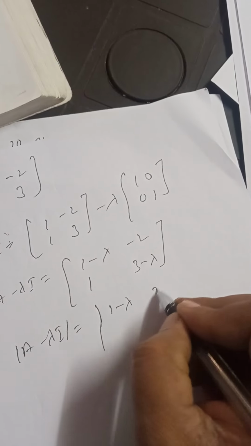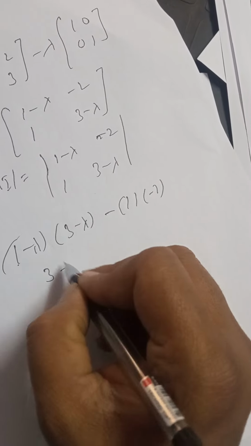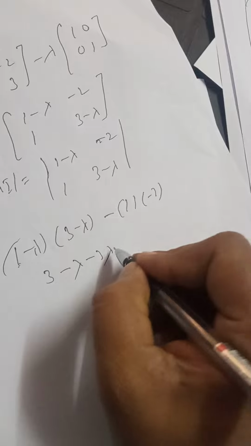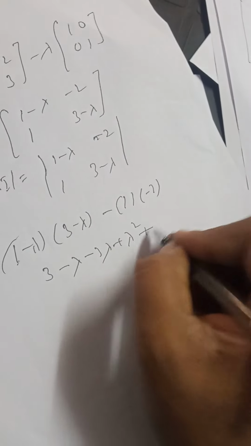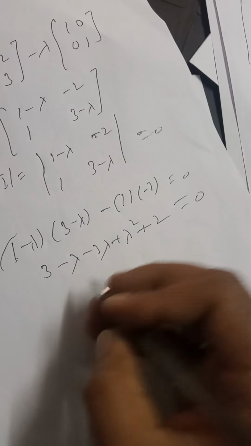Determinant of A minus lambda I. Now find the determinant. 1 minus lambda into 3 minus lambda, minus 1 into minus 2. Right? This is 1 into 3 is 3, 1 into minus lambda, minus 3 lambda, plus lambda square. This is plus 2.